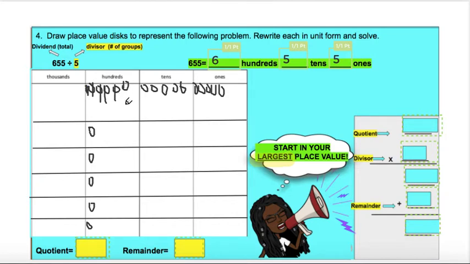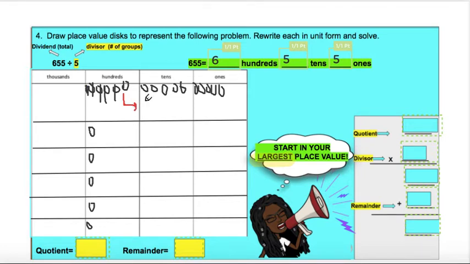If I try to put this disc into a group, my groups will be unequal. So what do I need to do? I'm not in my smallest place value, so I cannot make this a remainder. So what am I doing? If you said unbundling, you are absolutely correct.